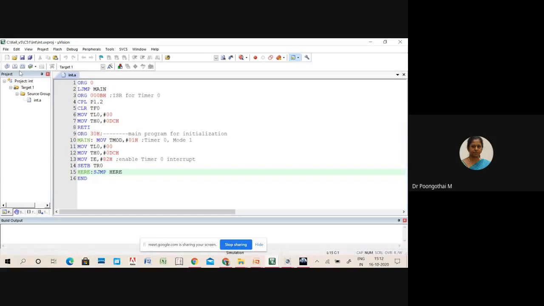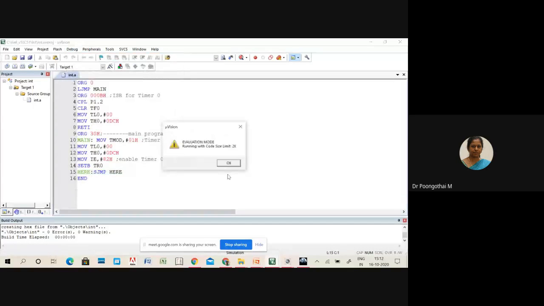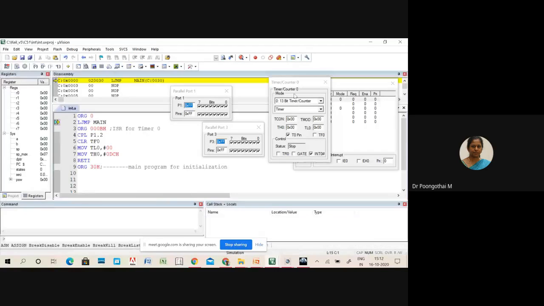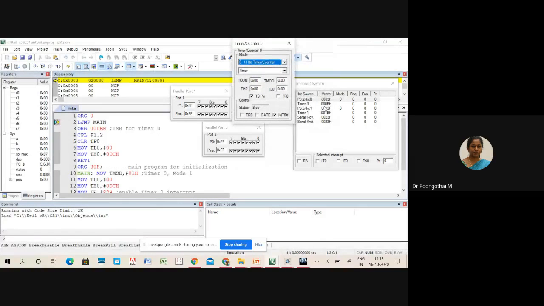So let's execute this code in Keil MicroVision. Here you can see the complete interrupt system of 8051. That is P3.2, the starting address of ISR 0003; timer 0, 000B; 0013; timer 1, 001B; and serial receive and transmit have the same address, 0023.